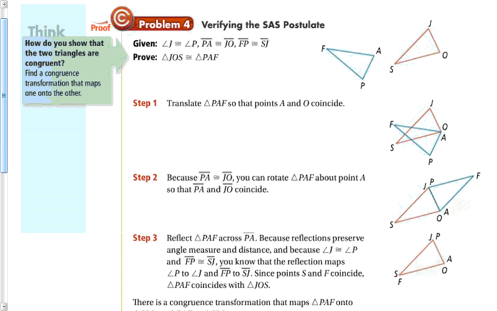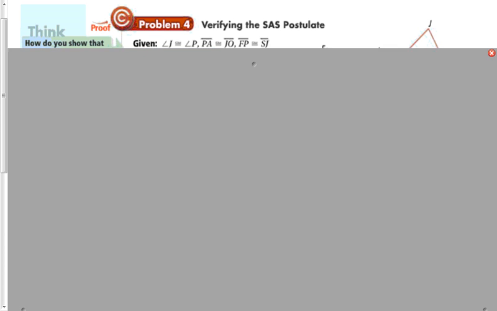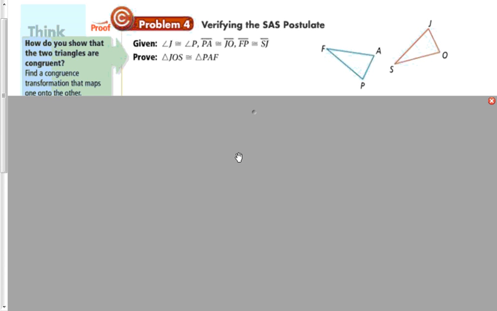So in this example of verifying the side angle side postulate, we want to prove that triangle JOS is congruent to triangle PAF, given that angle J is congruent to angle P, side PA is congruent to side JO, and side PF is congruent to side SJ. But really what we're doing here is just trying to figure out how we could transform using rigid motions one on top of the other.